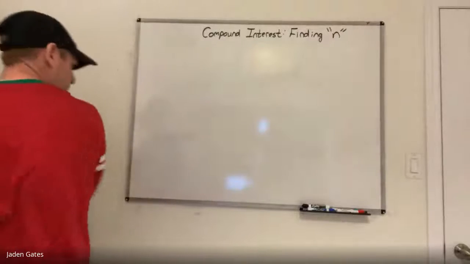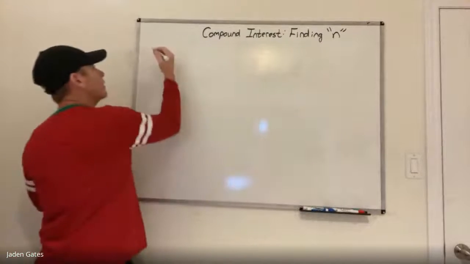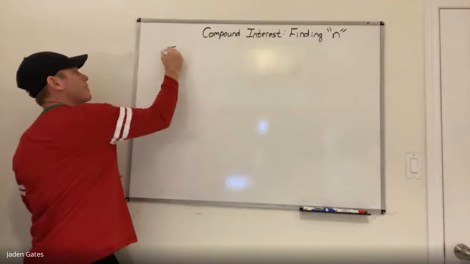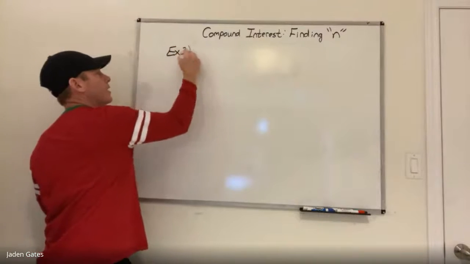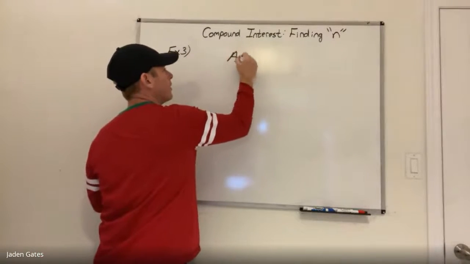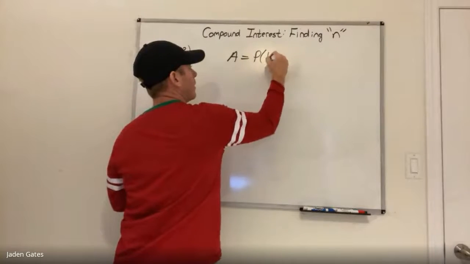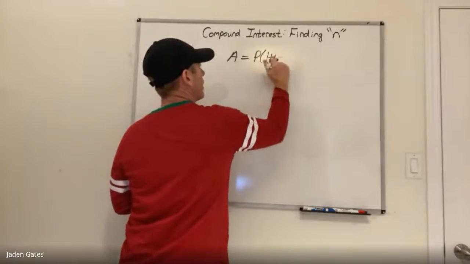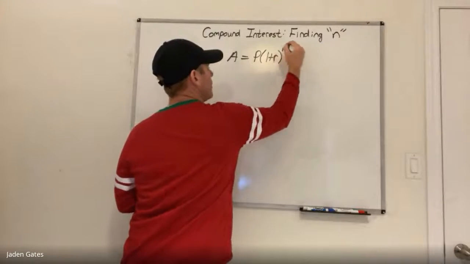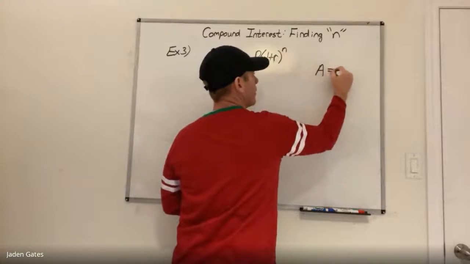All right, so the next example, well, I know, again, we're going to be using compound interest. So example 3, let's write our formula down. And I get my variables over here.